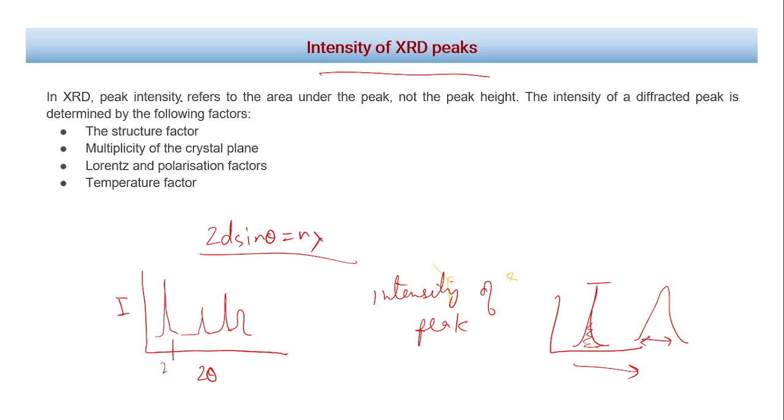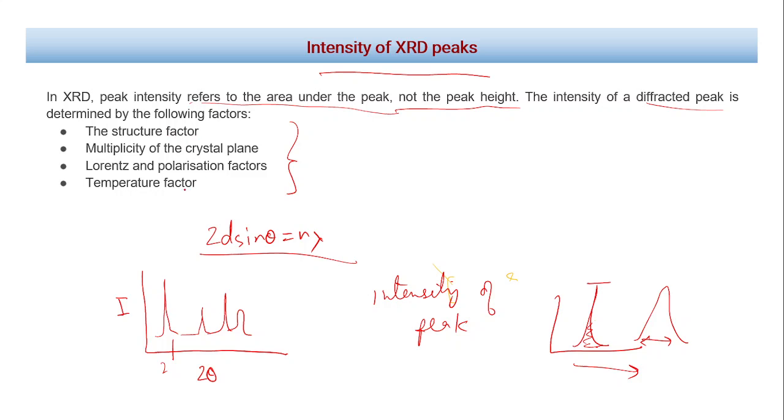XRD peak intensity, as I told, refers to the area under the peak and not the peak height. The intensity of a diffracted peak, the XRD peak, is determined by the following factors: structure factor, multiplicity of the crystal plane, Lorentz and polarization factor, and temperature factor.